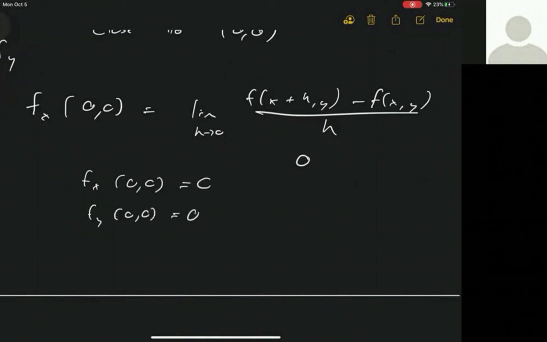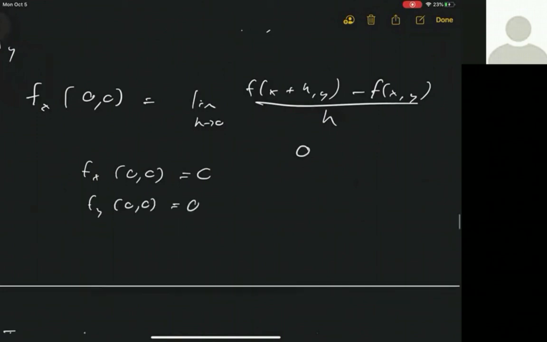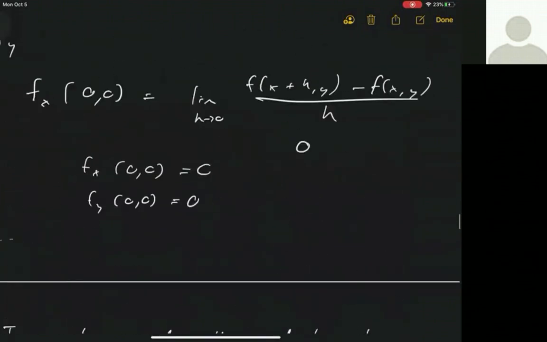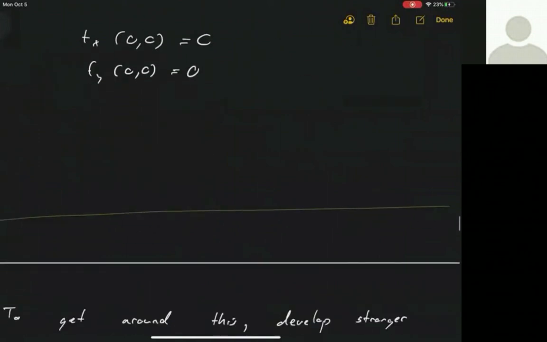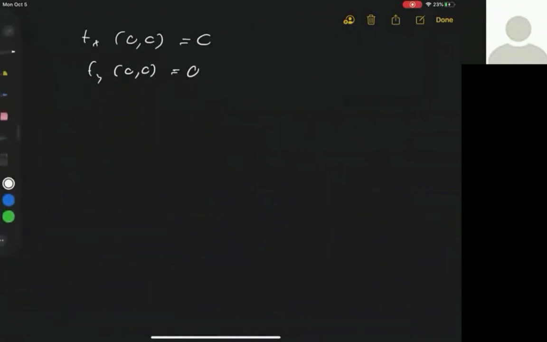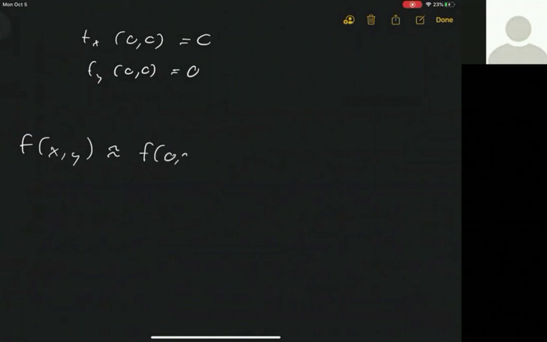But does that jive with the idea of a linear approximation, right? If I try to use these partial derivatives to make a linear approximation, what would I end up with? Using my tangent plane linear approximation, I would say f(x, y) is about equal to f(0, 0) plus f sub x, so 0.